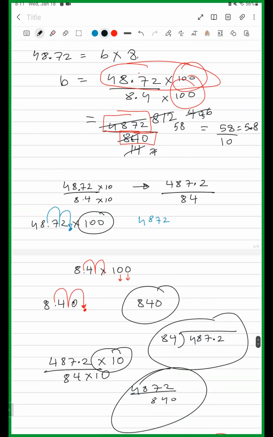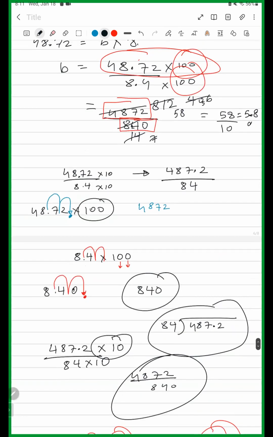Very good. B is equal to 5.8 centimeters. Theek hai. Now you can do question number 3 and 4 by yourself. Yeah, I'll try.